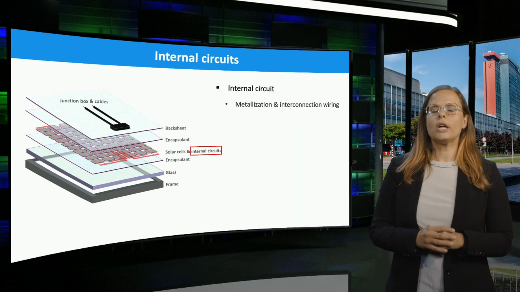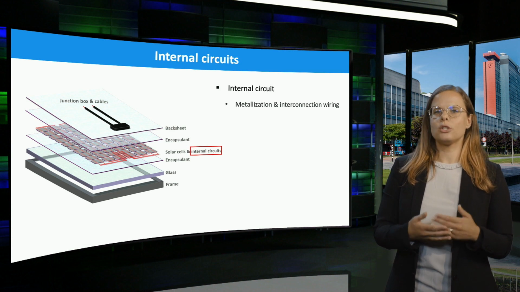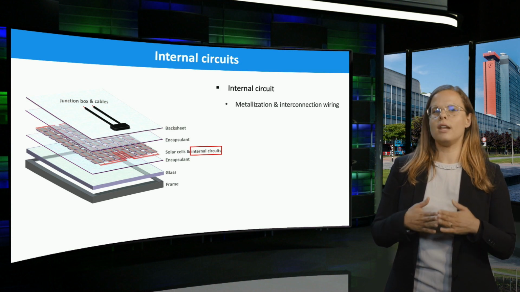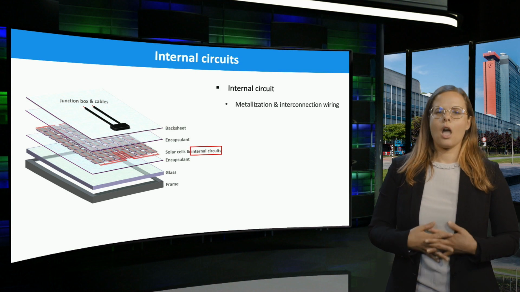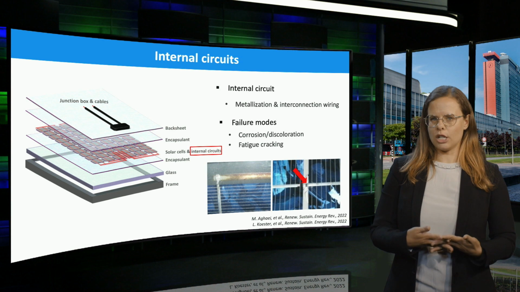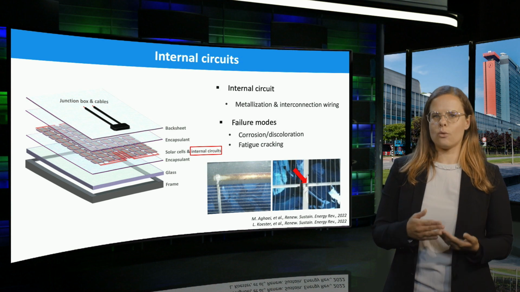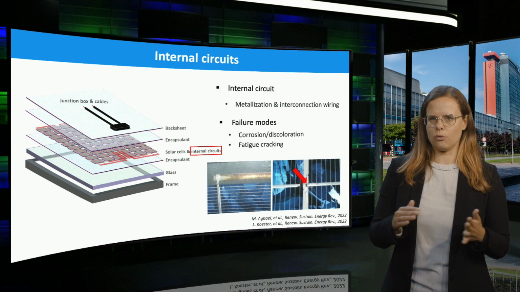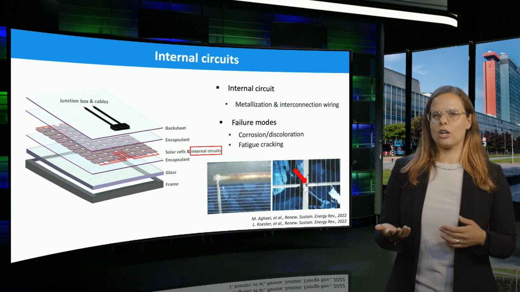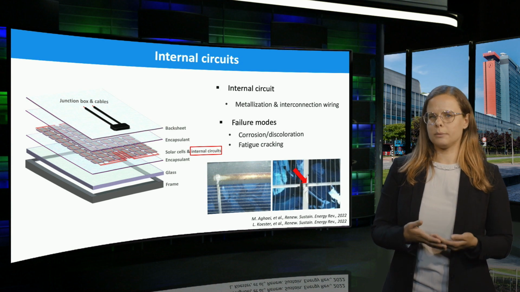Next, we look at the solar cell metallization and interconnection wiring that constitute the internal electric circuits of a laminated module. For the traditional silicon PV module, the failure modes of the internal circuit mainly include corrosion, which results in the discoloration of the string interconnection ribbon, and fatigue cracking, such as broken interconnection ribbon between cells.